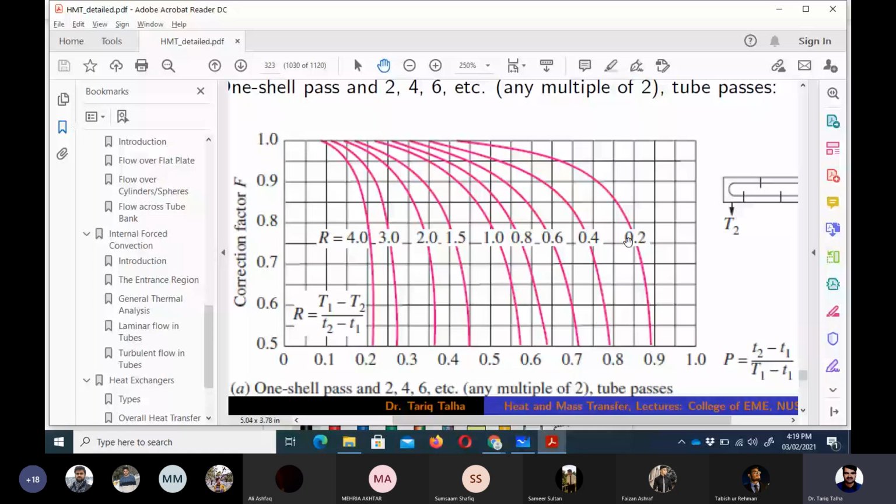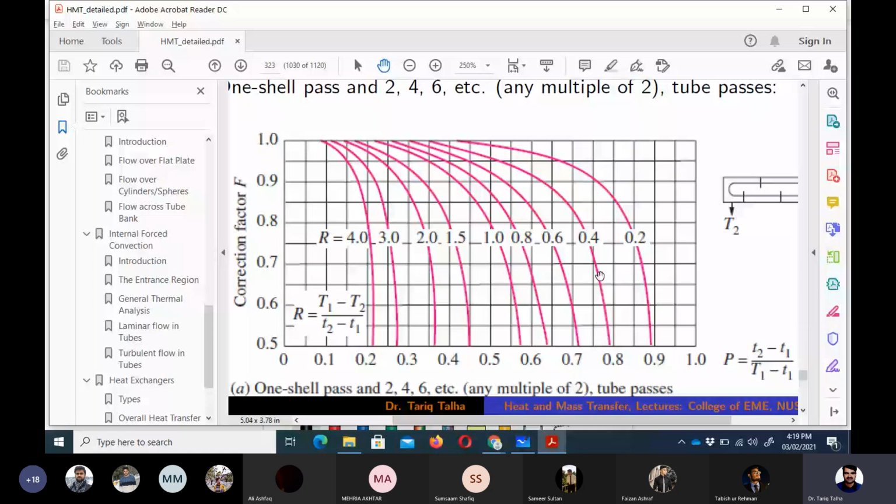Now the question is, what if the value of R is not between 0.2 and 4? If the R value is 0.1, then the correction factor would be equal to 1, and if the R value is more than 4, then even in that case the correction factor would be equal to 1. So we can only read the values when the values of R and P intersect each other.